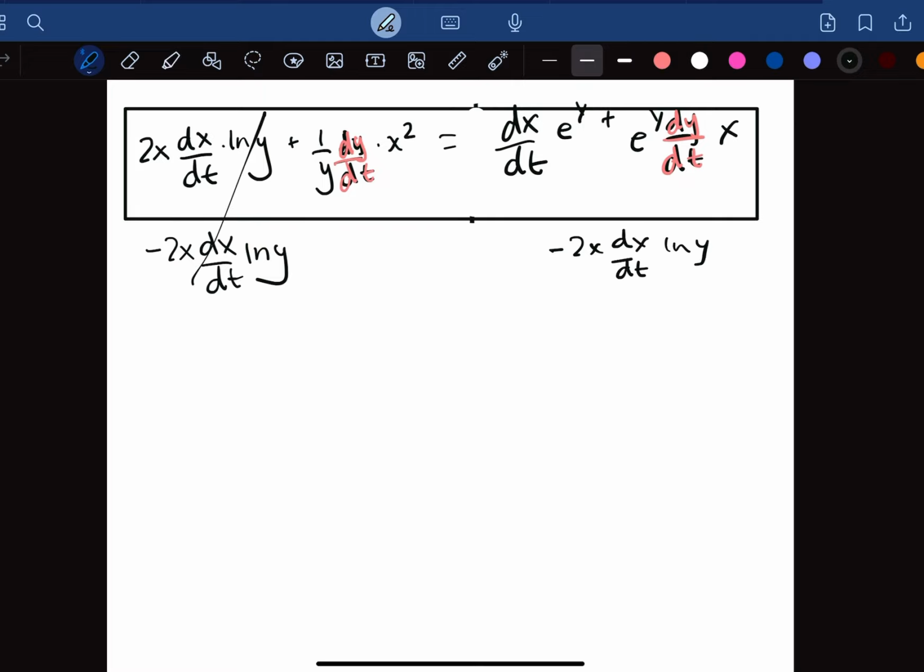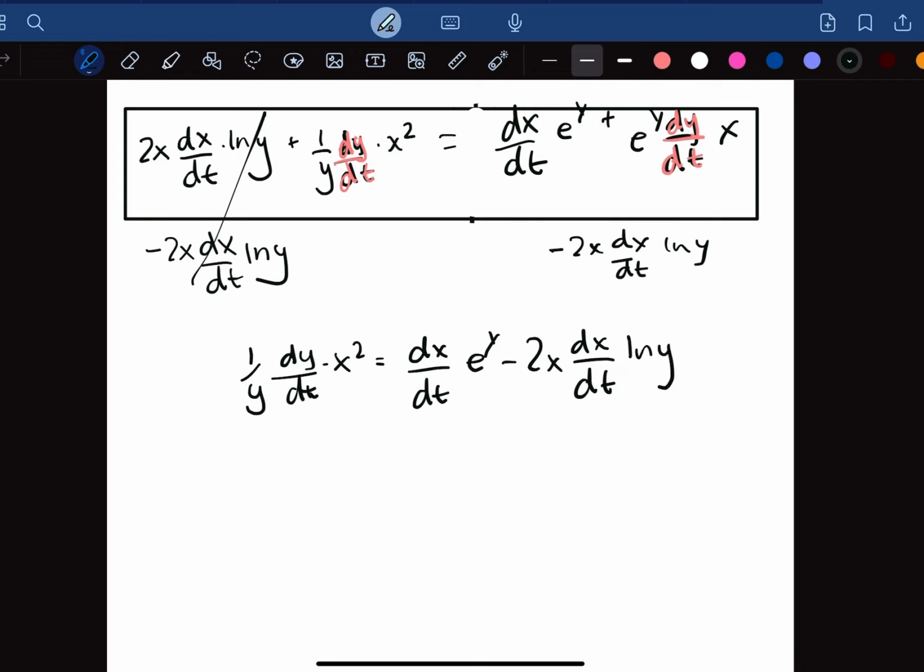So that's going to cancel out here. So then we're going to have 1 over y dy over dt times x squared is equal to dx over dt times e to the y minus 2x dx over dt times the natural log of y.